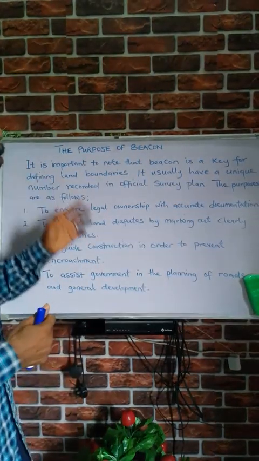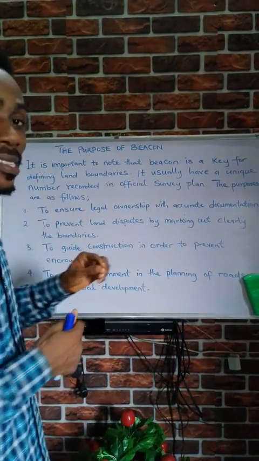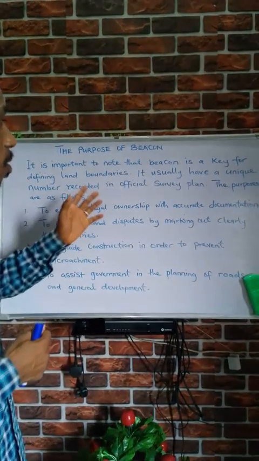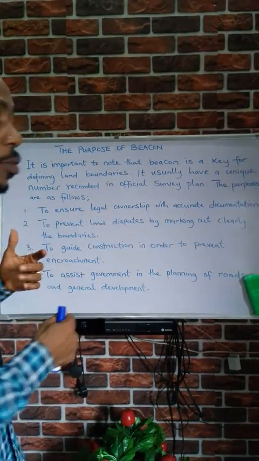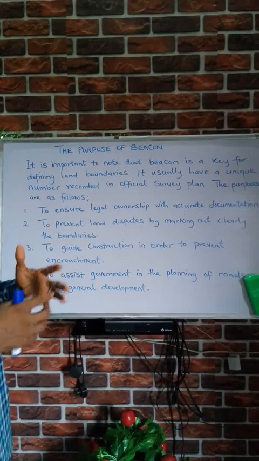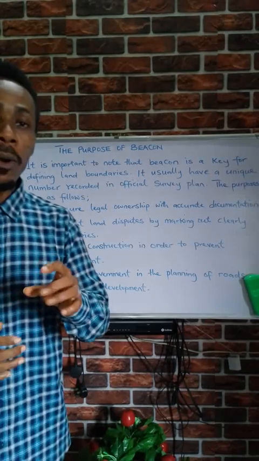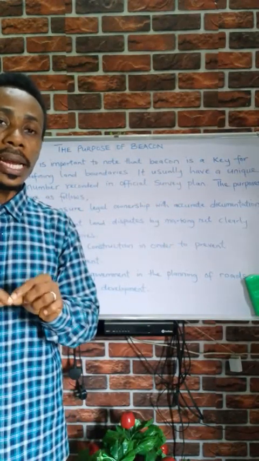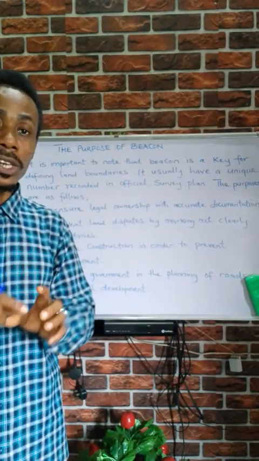I said it is important to note that beacon is a key for defining land boundaries, and I also said it usually has a unique number recorded in our official survey plan. I want you to understand that in that concrete beacon, if you look at it, you see some numbers written on it.